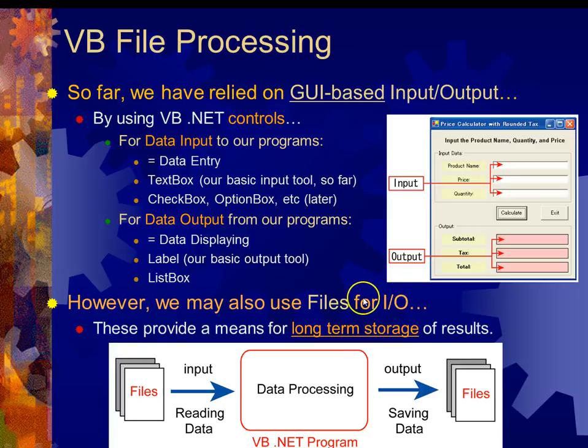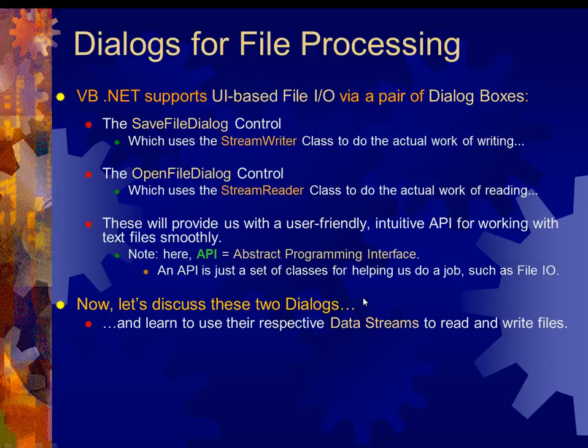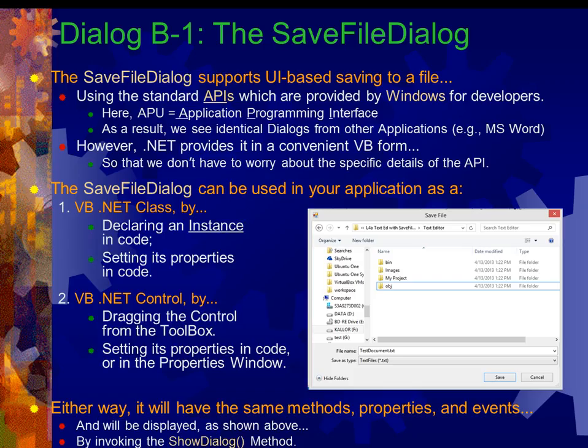We want to do that, and we're going to use the same file dialog control, and we're also going to need something called the stream writer. And when we want to open a file, we're going to have to use the open file dialog control, and that uses something called a stream reader. Okay, so we're going to need to do all of that.